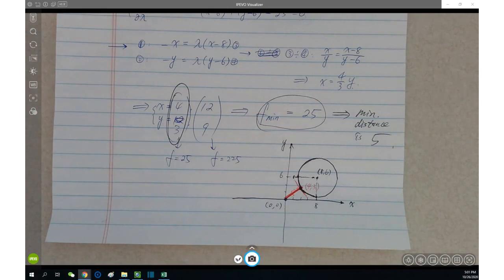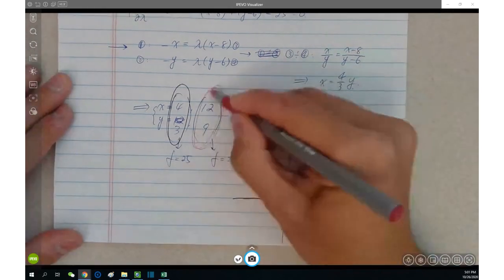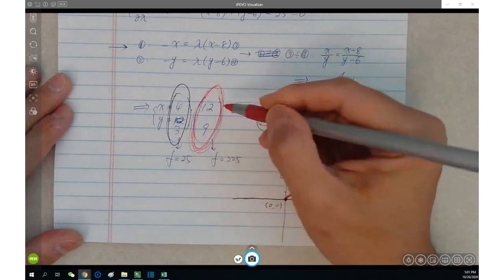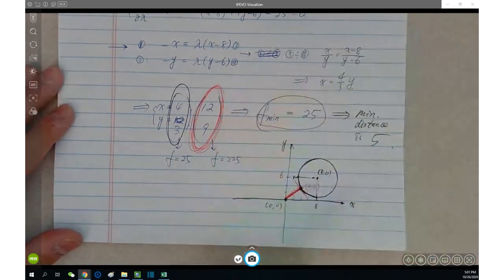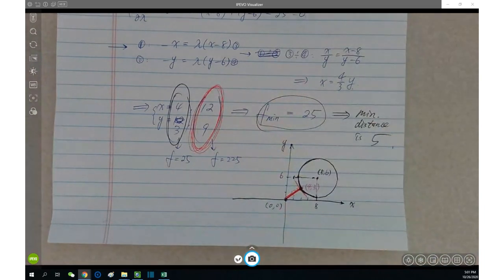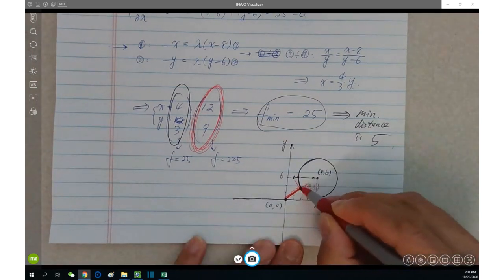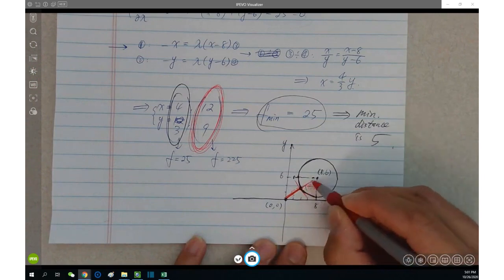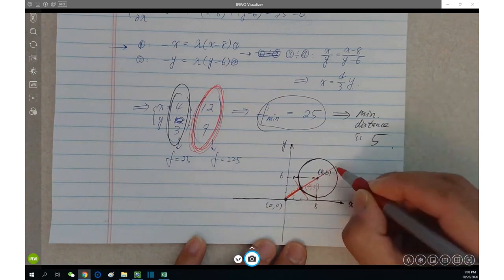And then, if this makes sense, how to explain this other set of the solution? 12, 9 is making what? How to visualize in the picture here? Anyone realize how this set, which is not our solution, makes sense? That's the max. Very good. How to find it then? Extend this minimum distance all the way through the center, reaching the other end of the circle.